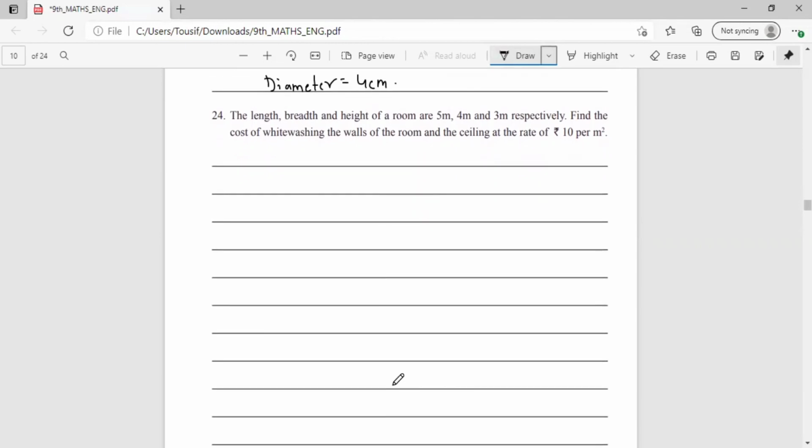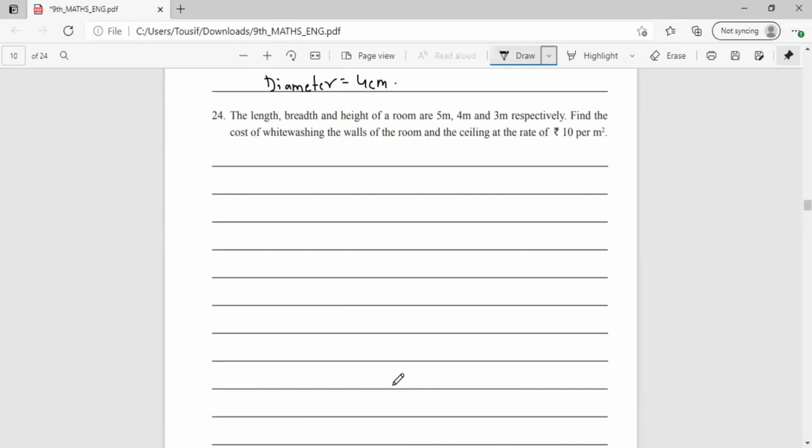The length, breadth, and height of a room are 5 meter, 4 meter, and 3 meter respectively. Find the cost of whitewashing the walls. So they're asking to find out the cost of whitewashing, and they give the cost per meter square. Before finding the cost, we should know the formula, as well as what we have to find out exactly.